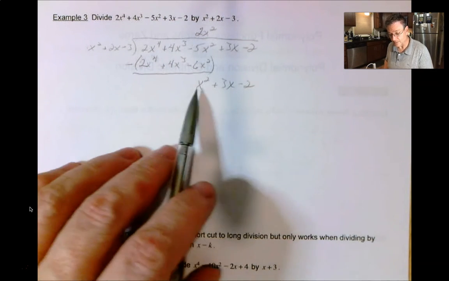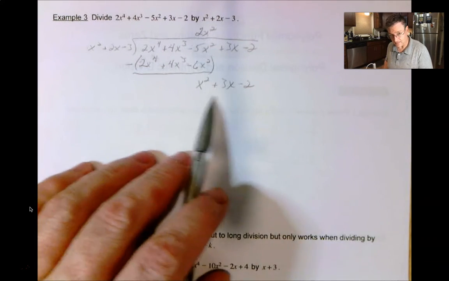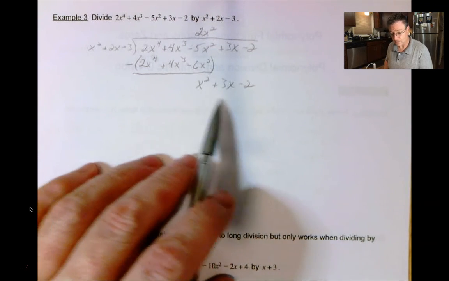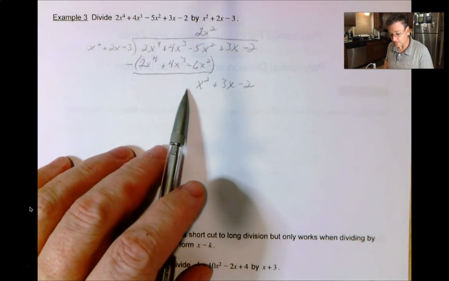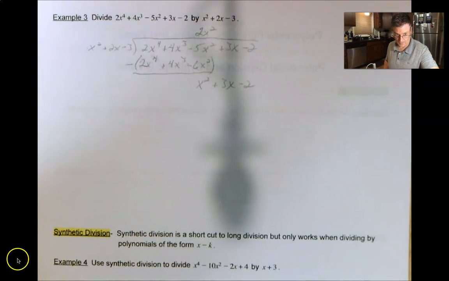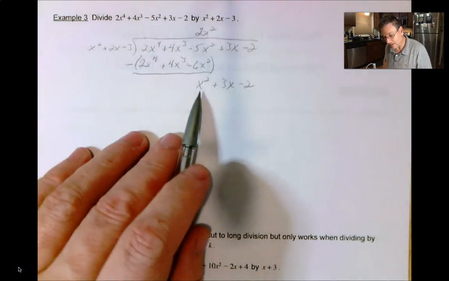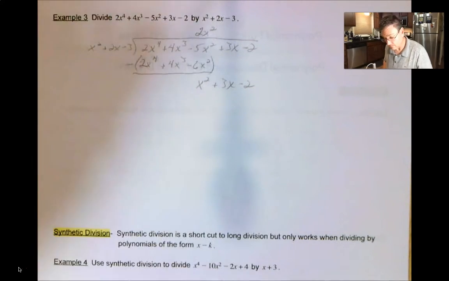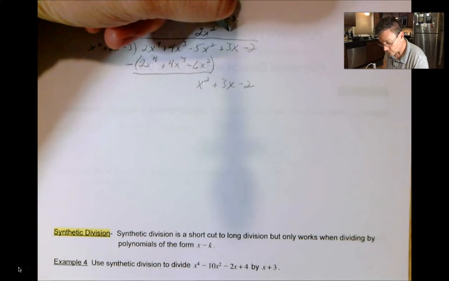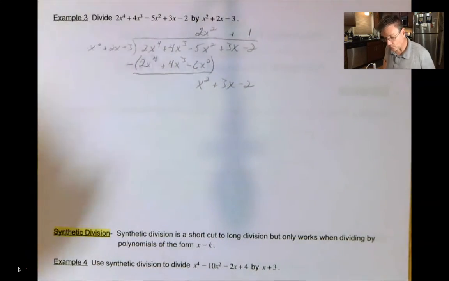So what do we do at this point? This is the remainder. I can't go any further with that. Sorry, what do I multiply x squared by to get x squared? 1. Plus 1.